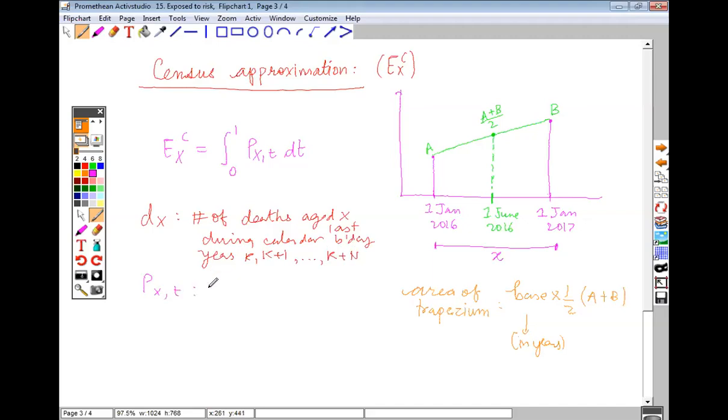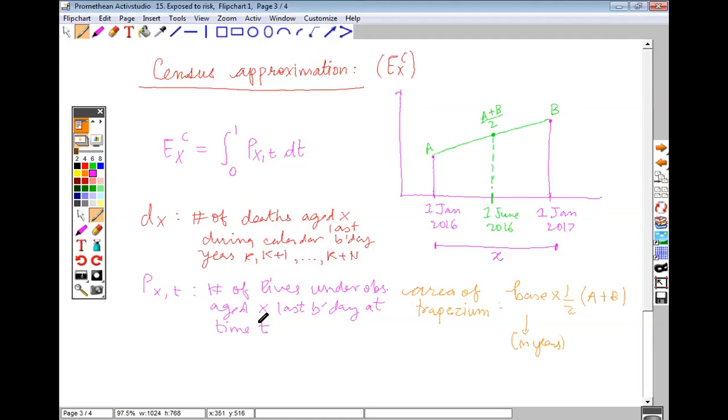So this represents the number of lives, not probability anymore, the number of lives under observation aged x last birthday at time t.